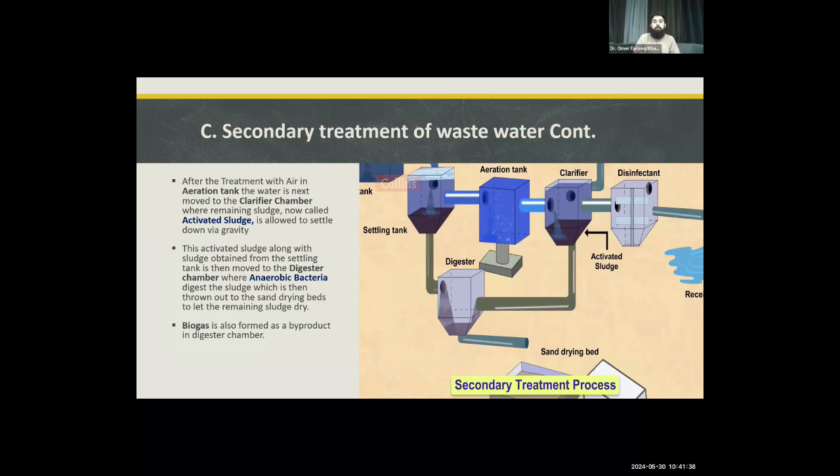All of the anaerobic bacteria then further break down the activated sludge from the clarifier tank and the simple sludge from the sedimentation tank, and then there is a material created from this digester chamber that is called compost, which is then thrown out into the open environment in sand drying beds, and when it gets dried up, it is moved via trucks or via lorries to the fields and to the agricultural land, and it can be used as a very good fertilizer to grow plants.